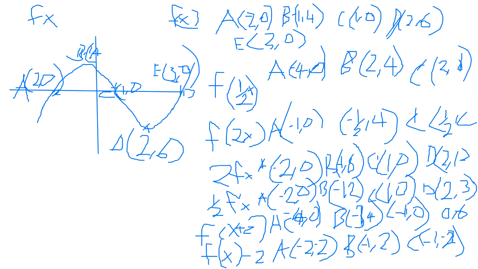Then obviously, if I have f of x plus 2, I'm sorry, let's say minus 2. I did a plus, so let me write it again. f of x minus 2.